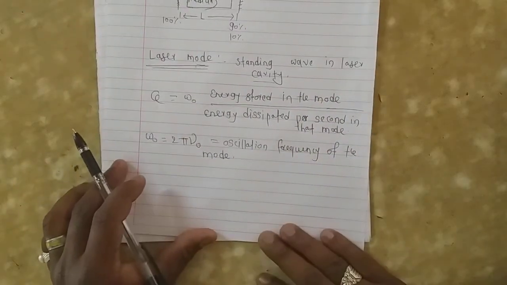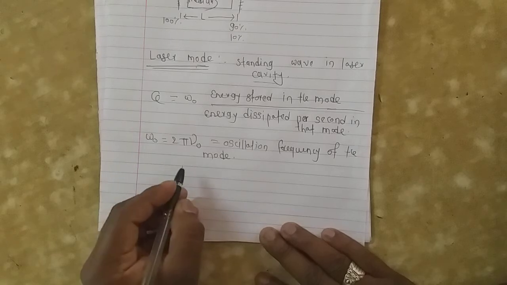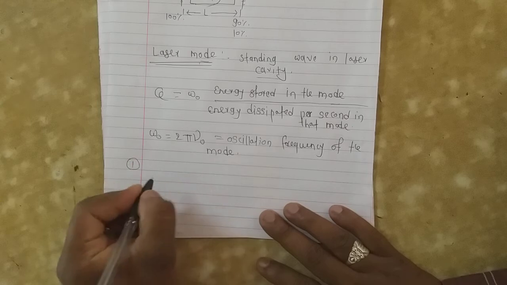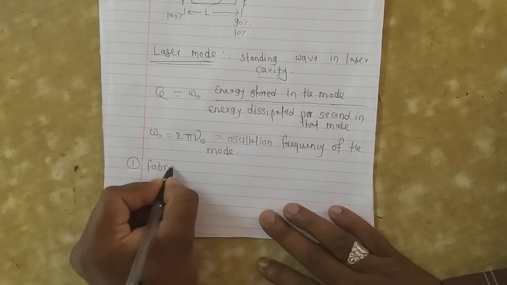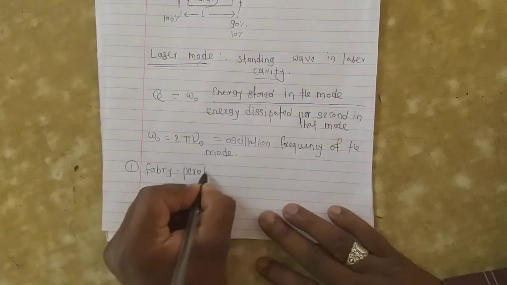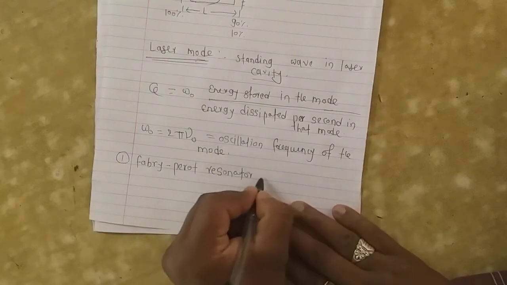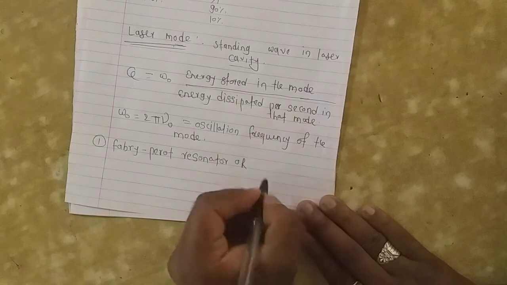Then the different configurations of this optical resonator. The resonator that we start with first is the Fabry-Perot resonator, or it is simply known as a plane parallel resonator.